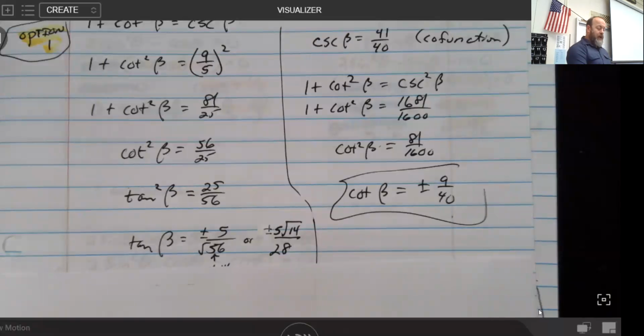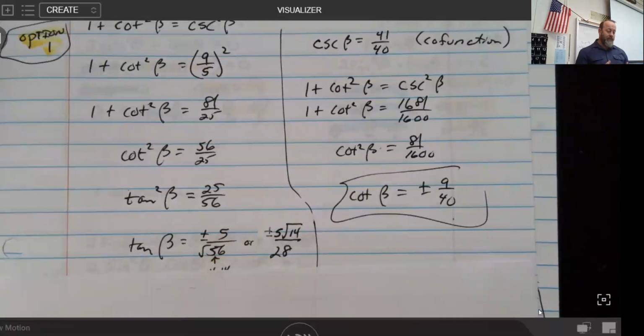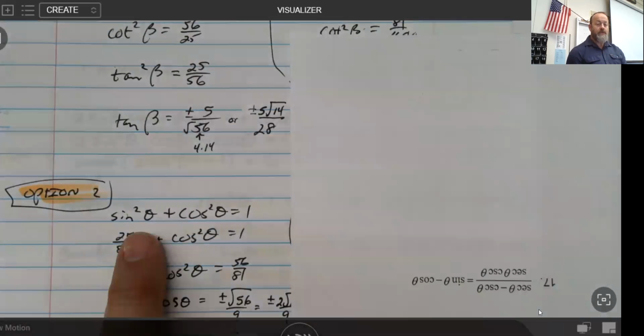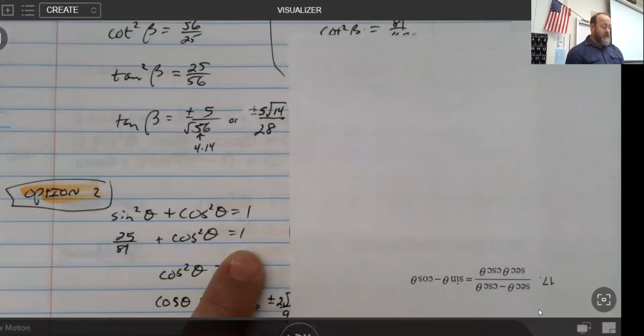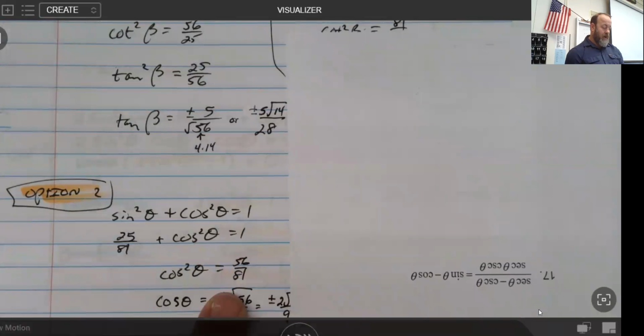And again, I would actually be okay if you wrote it as 5 over root 56, but if you simplified it a little bit better, that would be fine. So notice it says option 1, because option 2 was that I could have looked at it as sine squared plus cosine squared is 1. And since I told you the sine was 5 over 9, I squared it, moved it to the other side, took a square root.